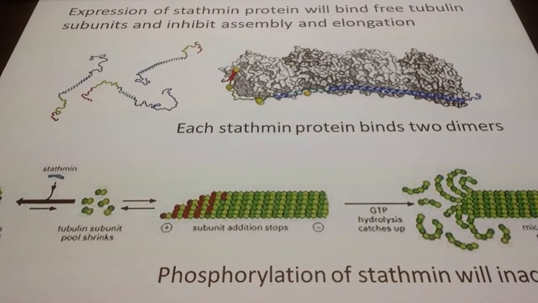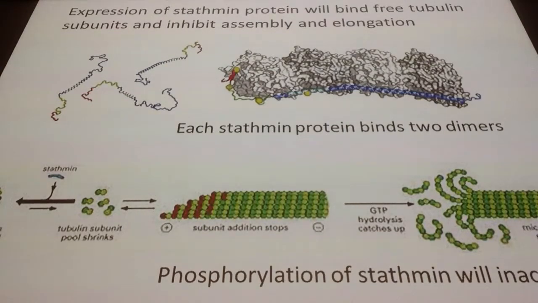Free alpha and beta tubulin, without requiring to be bound by anything else, can be used for polymerization of microtubules, right? And if Stathmin is unphosphorylated, then Stathmin can bind to alpha and beta tubulin to prevent them from being used for polymerization, but only in the unphosphorylated form.